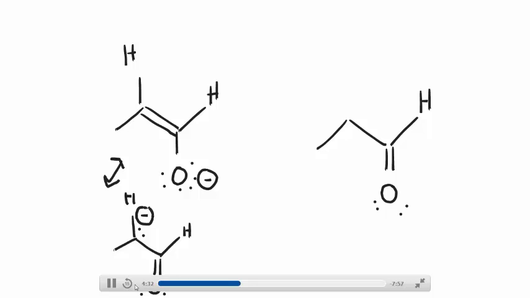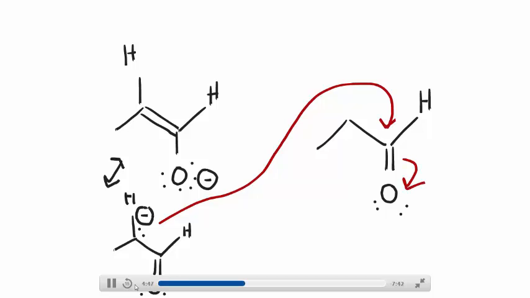Now you can use either of these two resonance structures to show nucleophilic attack at the carbonyl carbon of the aldehyde. If you're using the one that I find the easiest to use, which is the less predominant resonance structure, you add the carbon directly to the carbonyl carbon and break the carbon-oxygen pi bond. If, on the other hand, you want to use the other resonance structure, the predominant resonance structure, you need to have the carbon-oxygen bond reform, then take the electrons in the pi bond and add them to the carbonyl carbon and break the pi bond to the oxygen.